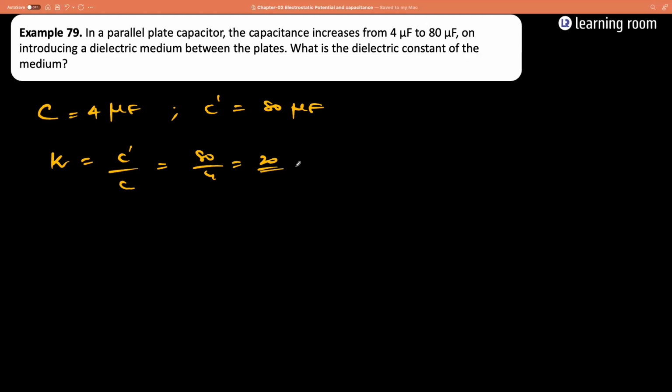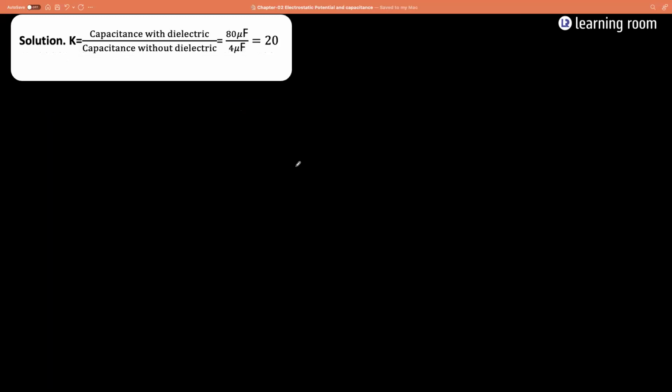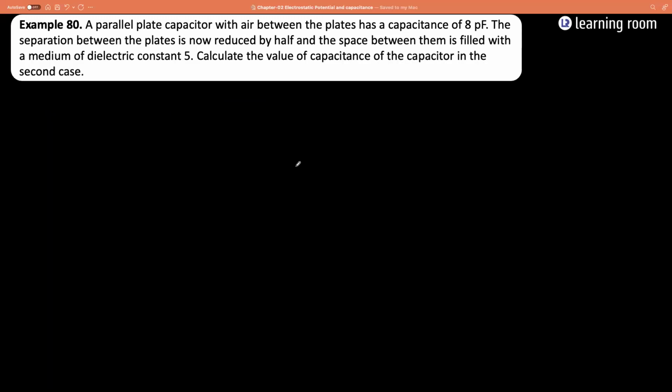Yes, sir. Now see, a parallel plate capacitor with air between the plates has a capacitance of 8 picofarad. So whenever air is there, we put a naught as a subscript. So C naught is equal to 8 into 10 power minus 12 farad.